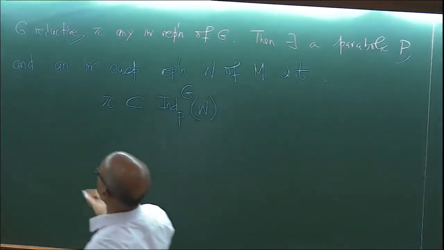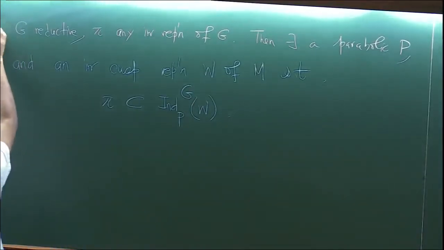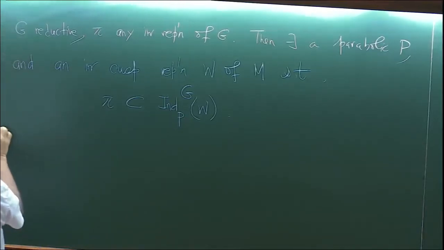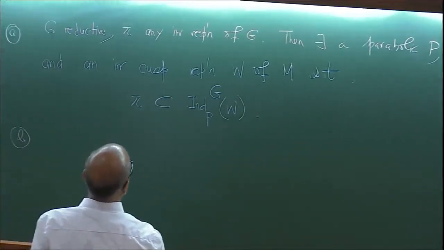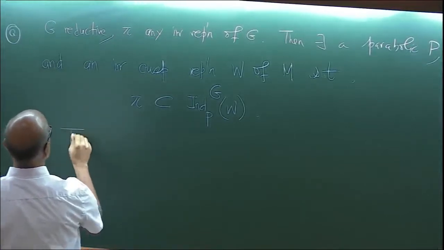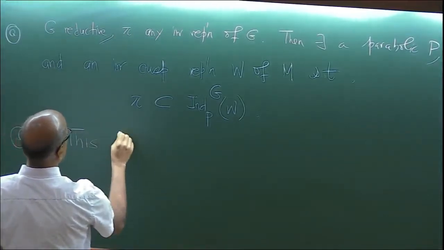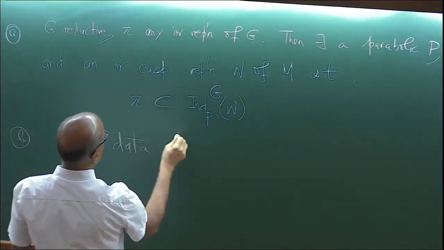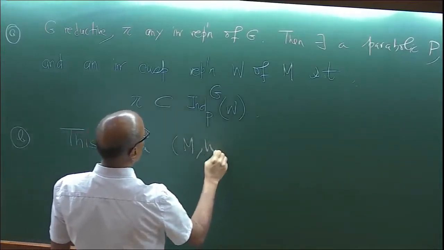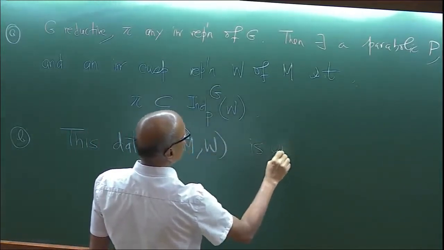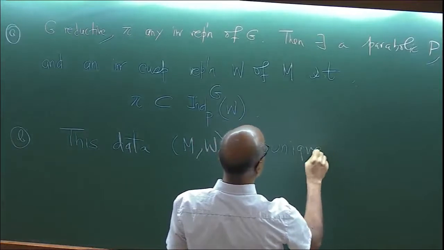So this is maybe part A, and it was also mentioned last time that this data of M comma W is unique up to conjugation.